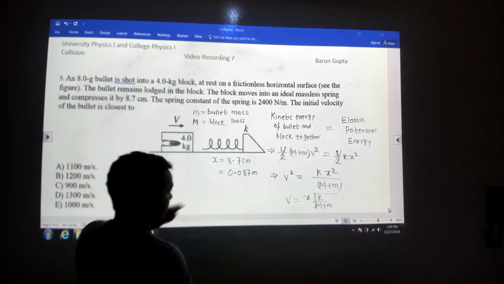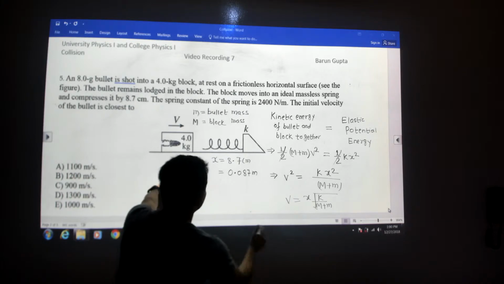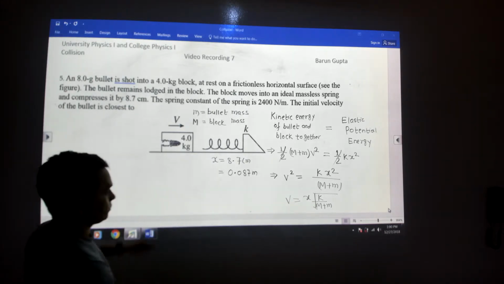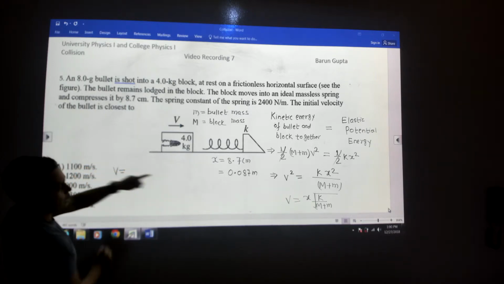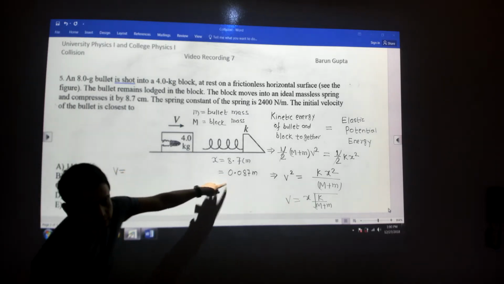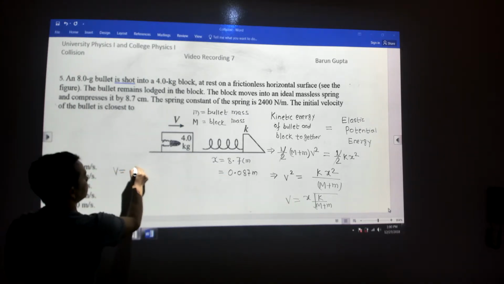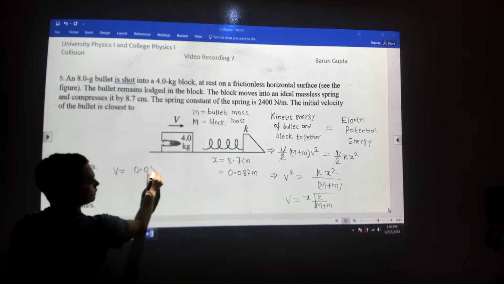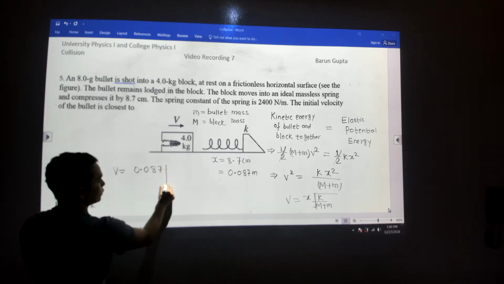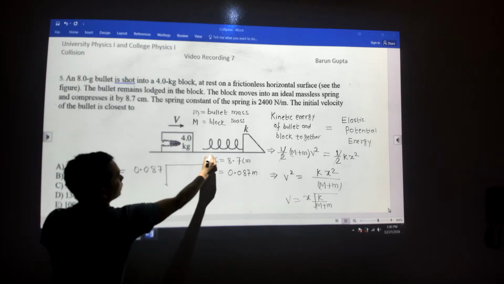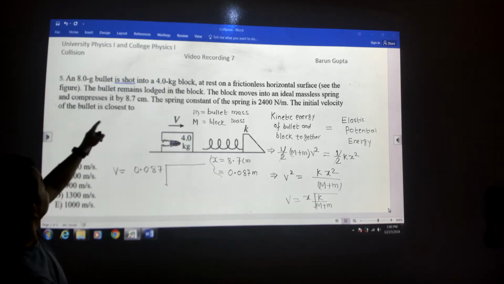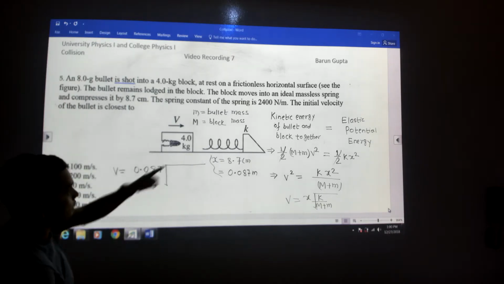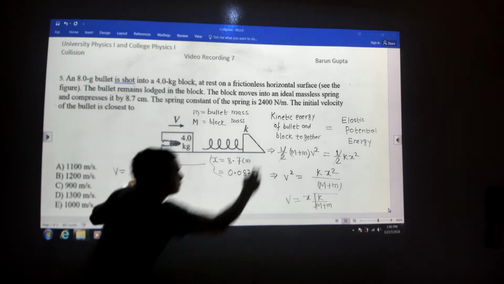So I'm doing all the calculation here. What is the value of x? The value of x is 0.087. The value of k is given as 2400 Newton per meter.